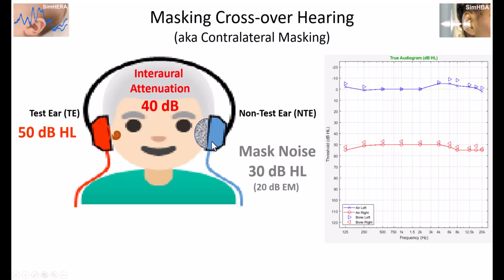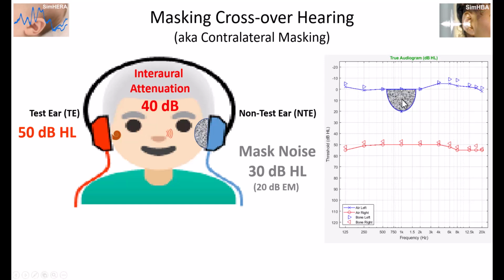So what is happening here is that the masking is making that left cochlea busy. It's listening to the noise. So when the 50 dB sound comes in, those nerve fibers in the cochlea are going to be actively processing the noise and not detecting that crossover from the right ear.